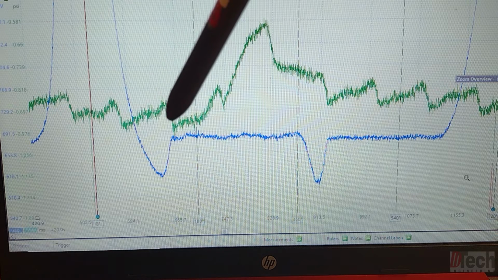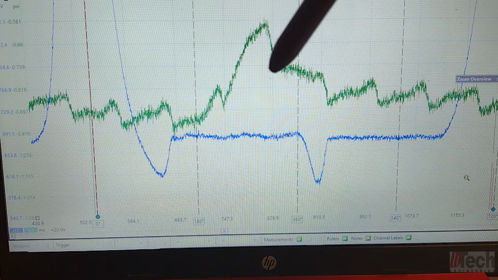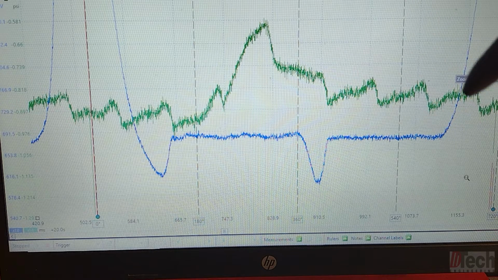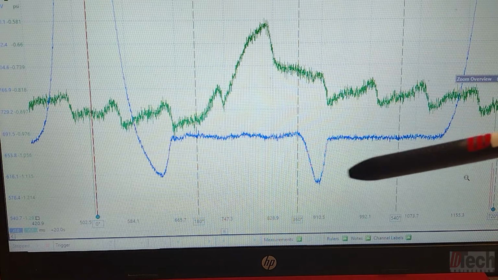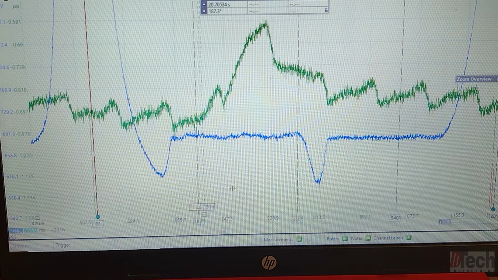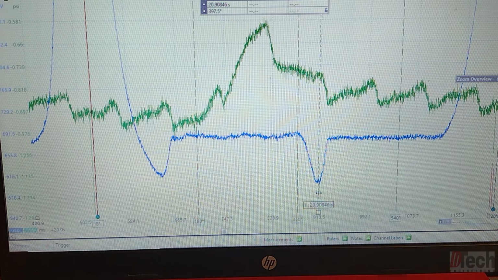Again, there are the intake pulls. Here's the one that gets cut short. Here's another one, another one, another one, another one, another one. The pull for cylinder 1 is right here. And to show you, if you look down at the bottom where we know intake valve open, somewhere in that region is where the pull begins, as you see that intake trace traveling down.